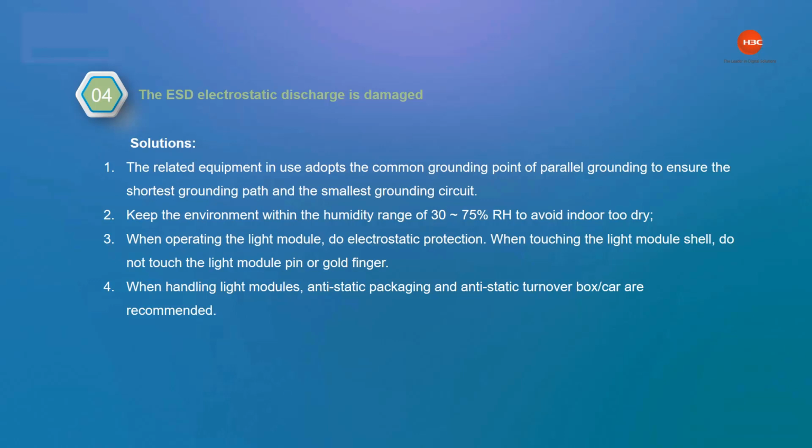When handling the optical module housing, do not touch the optical module pins or golden fingers. 4. When transporting optical modules, it is recommended to use anti-static packaging and anti-static turnover boxes.